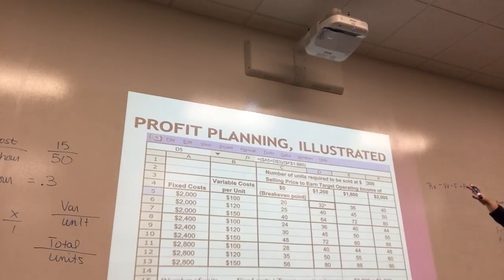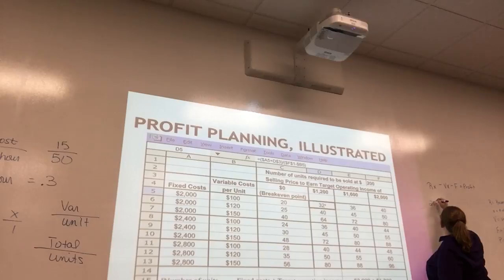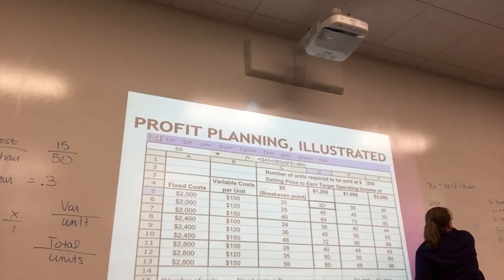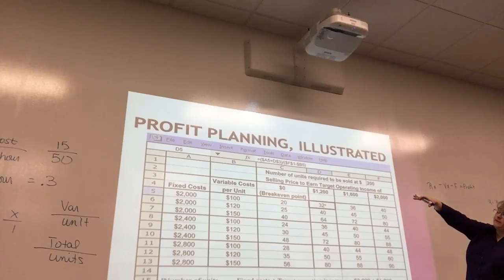Now, it says I'm going to sell this at 200. So I have 200x. So I know for every unit I sell, I get $200. In this first line, my variable cost per unit is 100.